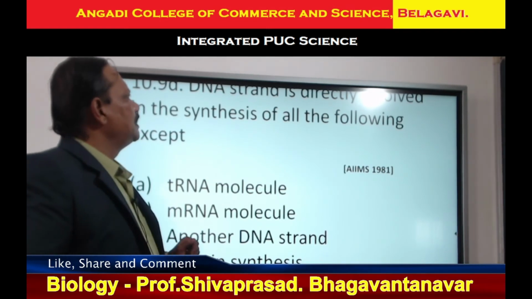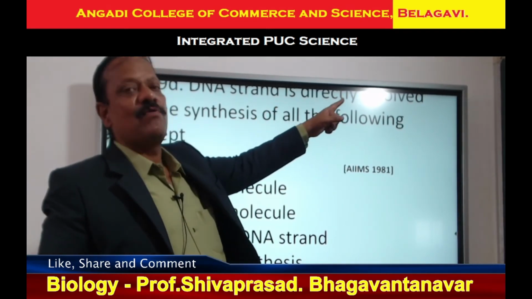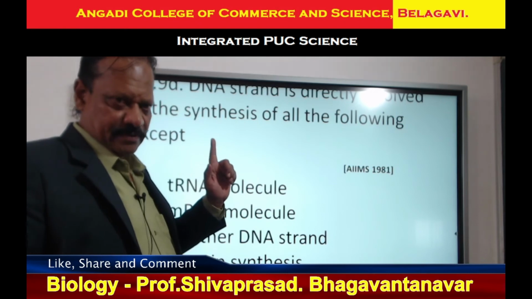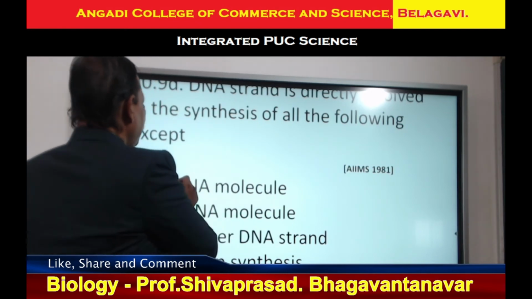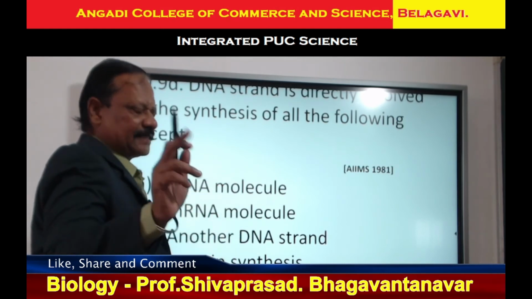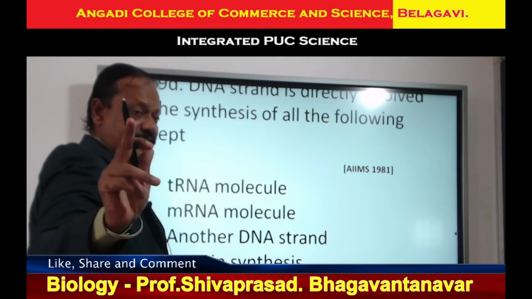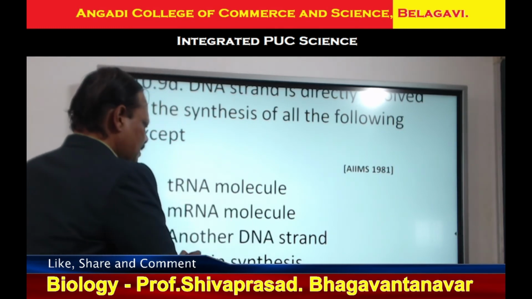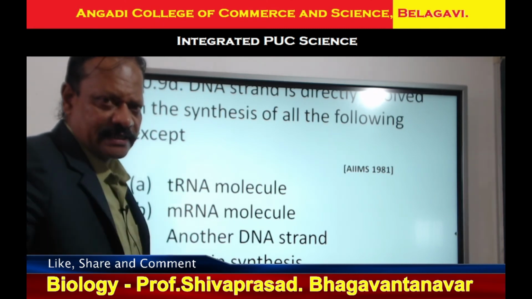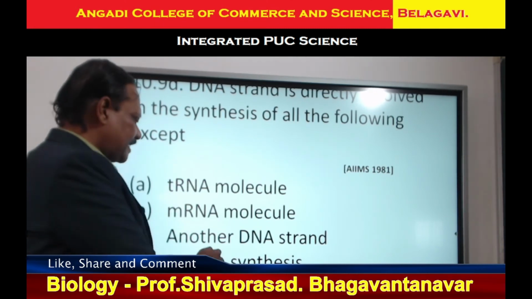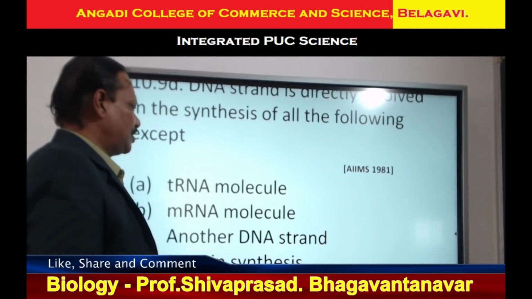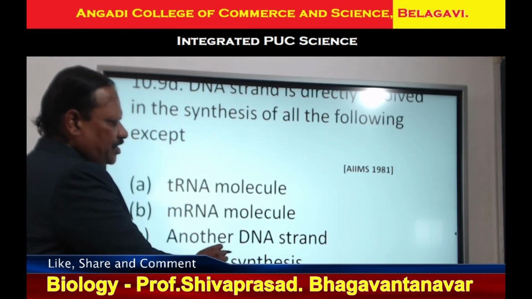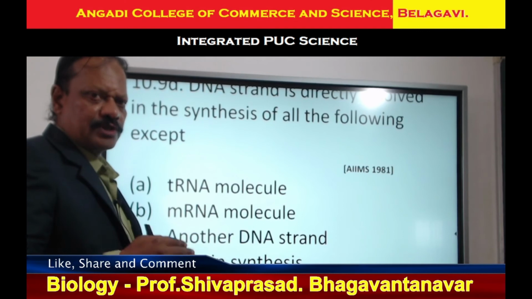Now DNA strand is directly involved in the synthesis of all the following except: tRNA molecule, DNA synthesizing; mRNA molecule, DNA synthesizing; another DNA strand, DNA synthesizing; protein synthesis, DNA is not synthesizing, RNA synthesizing, protein in translation. So the right option is D. Here the protein synthesis. So we'll move to the next.